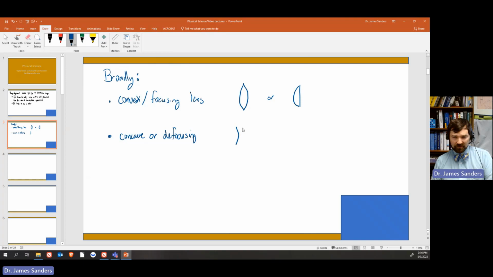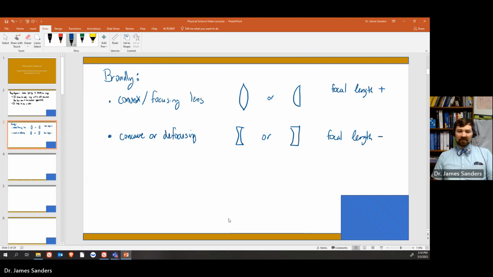Those usually are drawn like this, or you can draw them with one straight side and one curved side. Another thing to note is that focal length is usually positive for convex lenses, and for these, the focal length is negative.